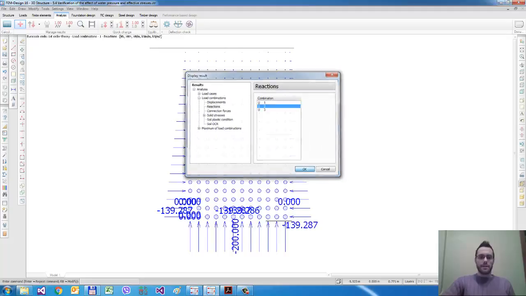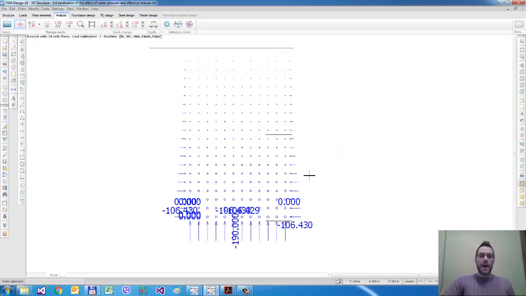It's based on the effective lateral earth pressure and on the water pressure.